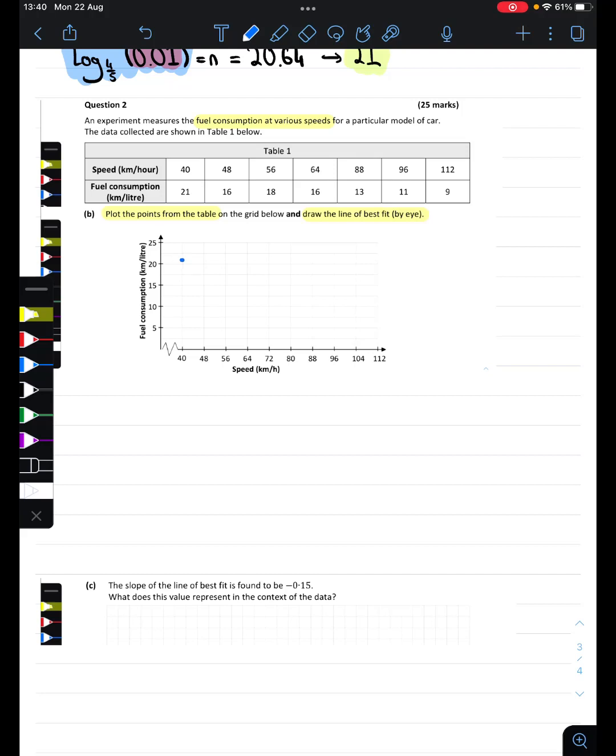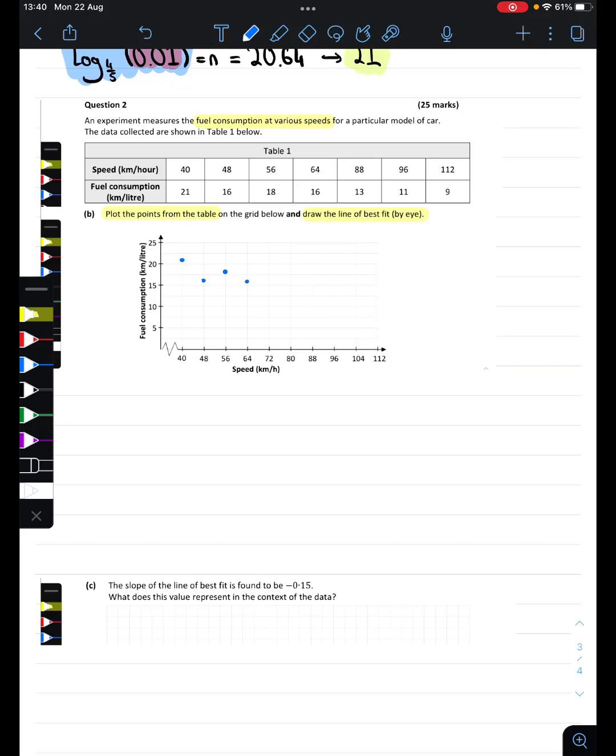At 48 kilometers per hour, the fuel consumption in kilometers per liter is 16. At 56 kilometers per hour, it is 18. At 64 kilometers per hour, it is 16 again.